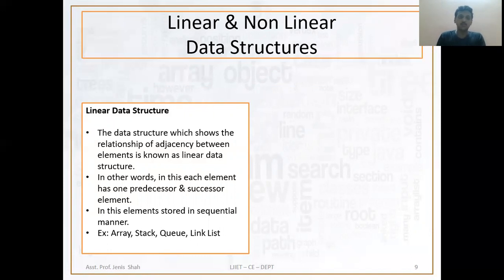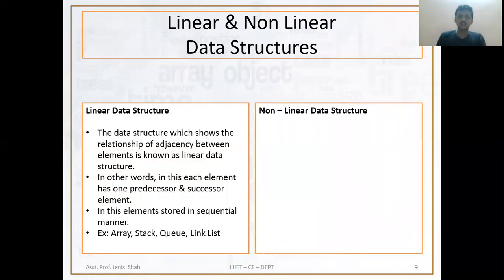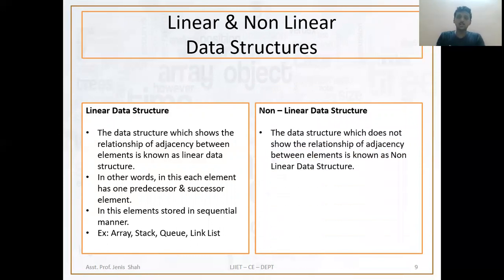Now moving forward to the next one, the non-linear data structure. A data structure which does not show the relationship of adjacency between elements is known as a non-linear data structure.